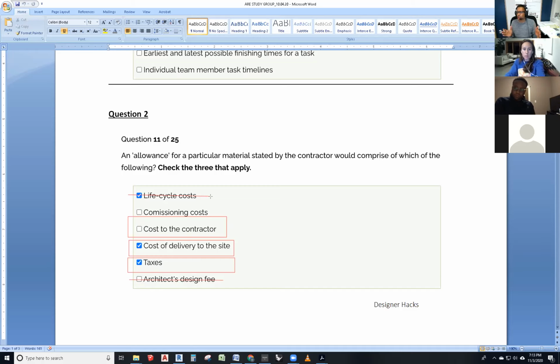For instance, if you were to get an energy efficient heating system, it might cost more right now. Let's say it costs $2,000 more to get the energy efficient system versus another one that's not energy efficient, but it saves you $5 per day of using it over a period of years. You're gonna be able to have already paid it back. So that has to do with life cycle costs.